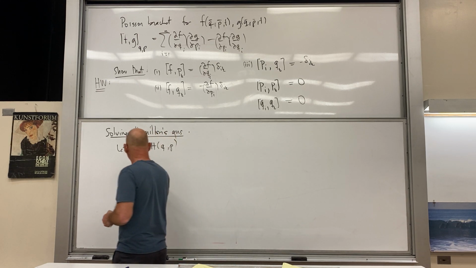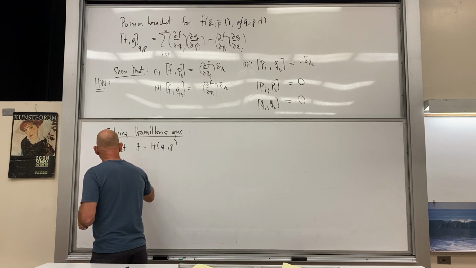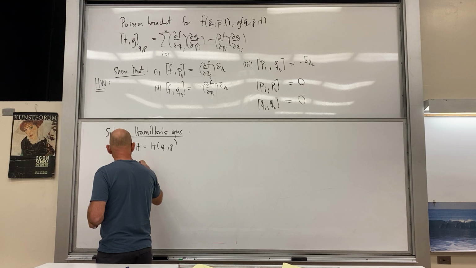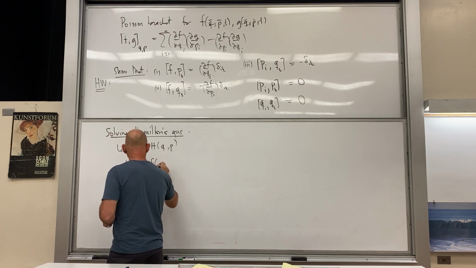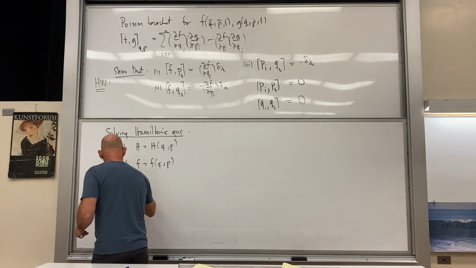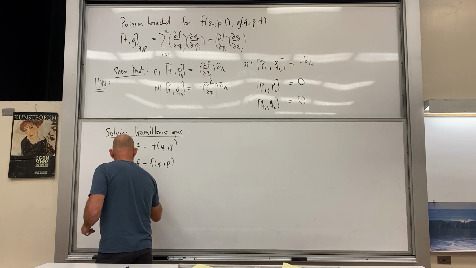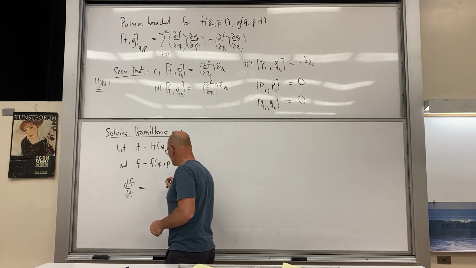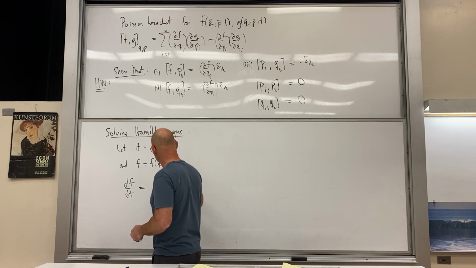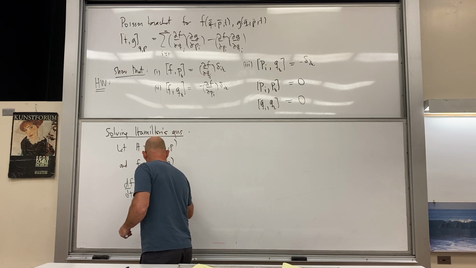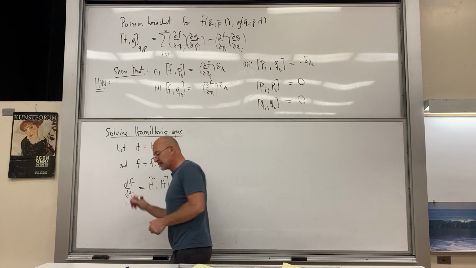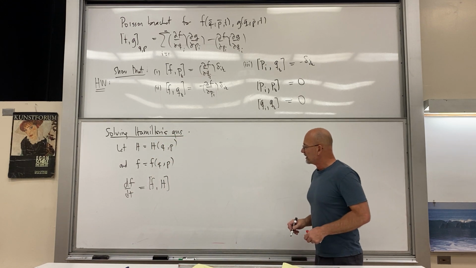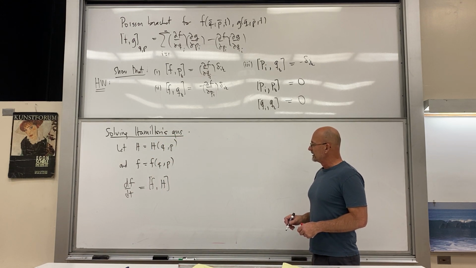And we know that F equals F(q, p), and we have dF/dt equal to the Poisson bracket of F with H. Okay, so that's our Poisson bracket.